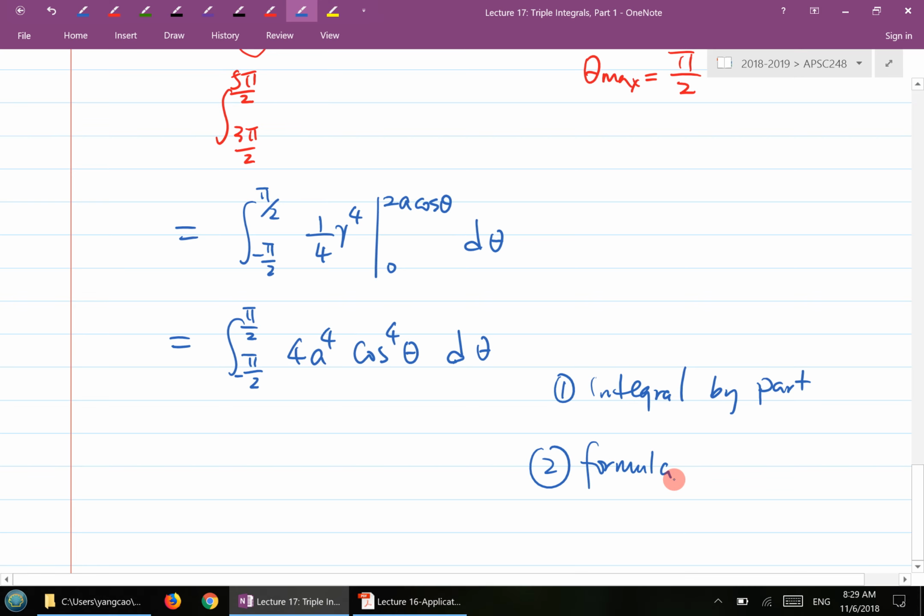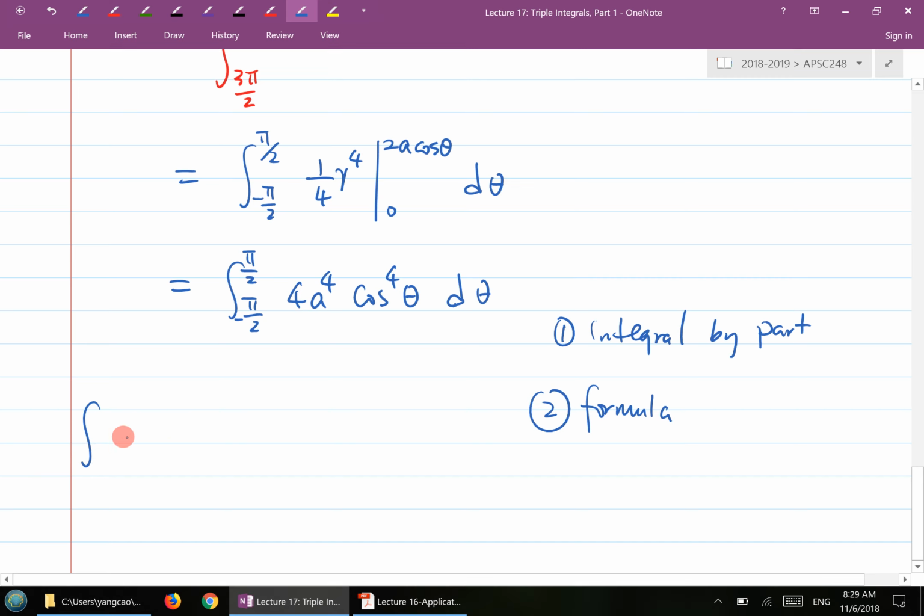So you have formulas basically in general. What is the integral of cosine theta to the power of n? There's a general formula for cosine theta to the power of n.